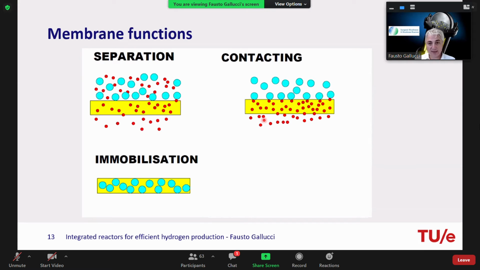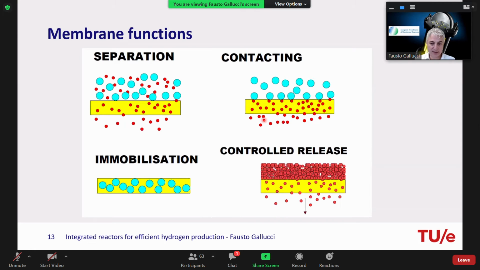And you can select a membrane such that the enzyme stays there, but stays also active. And another possibility is to have a controlled release of a component. Think about a pill where the external of the pill is a membrane, and the membrane releases the drug in a controlled way. Think about a reactor where you can control the release of one of the reactants, for example.